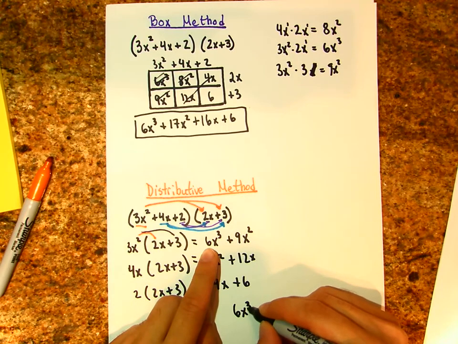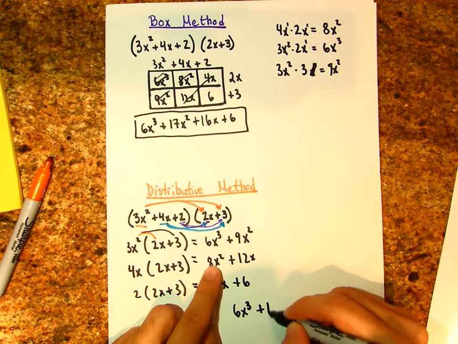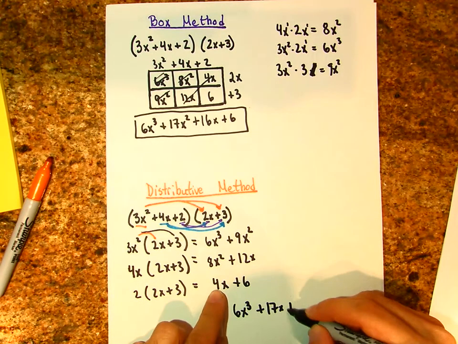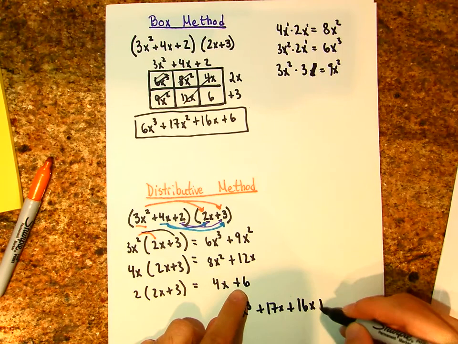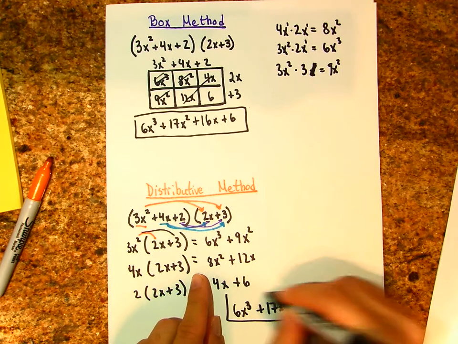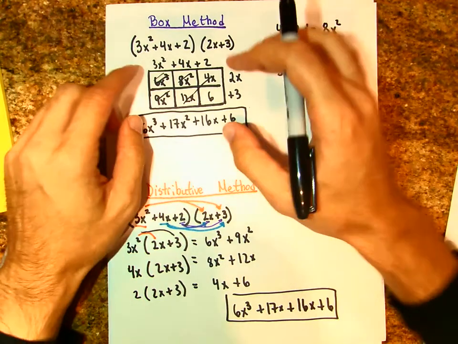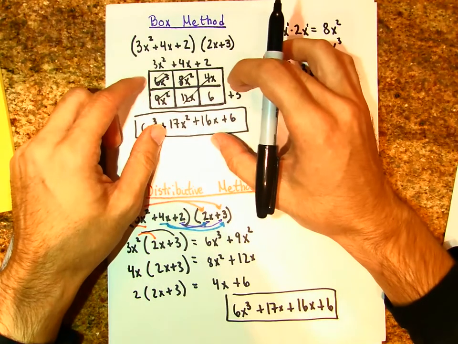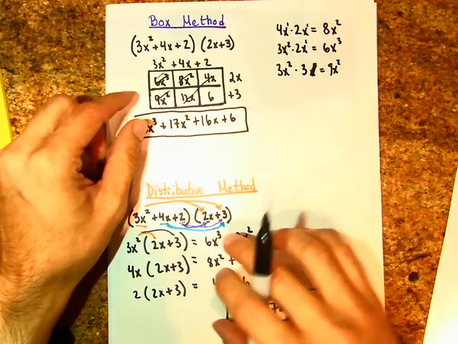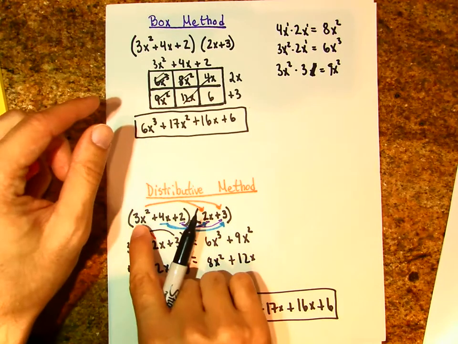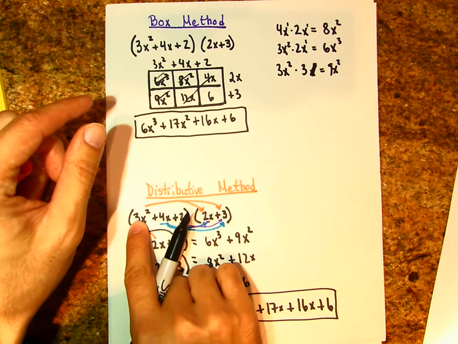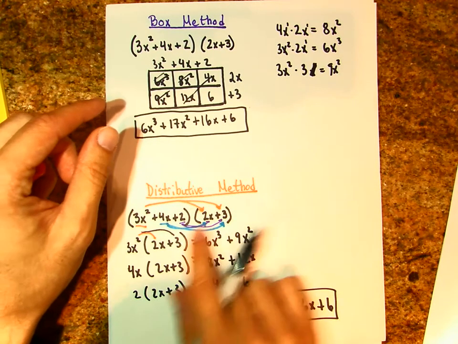And then we already said we have to combine these two, so it's this. Combine these two is this, and this over here. And notice we have the same solution, right? We just did it in 2 different ways. The box method is really nice because it keeps you organized, okay? And this is just the more classical way of looking at how you have to distribute this term to each one of these and so on, okay?